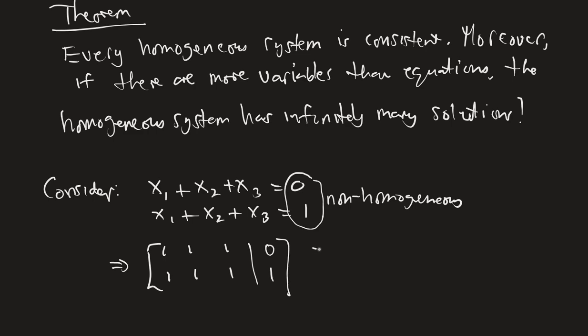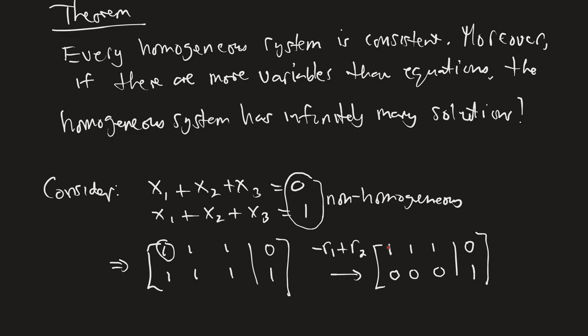If I did negative R1 plus R2, using this as my pivot, that would produce this augmented system where all the ones on this side would be canceled out, but then I would have a negative 0 plus 1. I would still have a 1 there. And this is my contradiction, because this would be the left-hand side of the equation, which would be 0, and the bar there represents the equal sign, and then on the right-hand side I would have a 1.